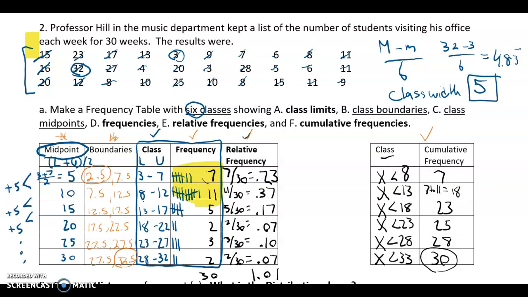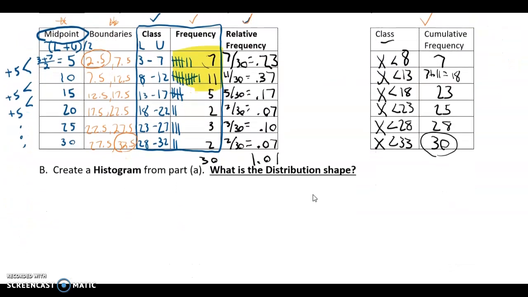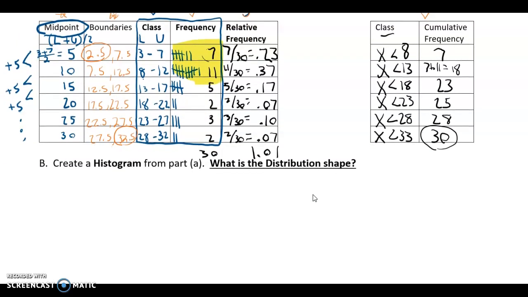Not only have we created our different types of frequency distributions with this data, we've also found all of the different parts, such as the boundaries and the midpoints. Let's go ahead and make our histogram as well. So to create our histogram, we're going to make an x and y axis first. Remember, the y-axis is your frequencies.